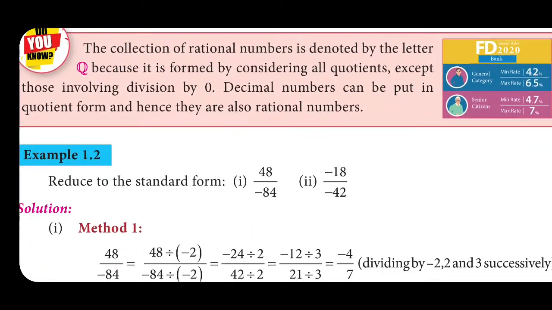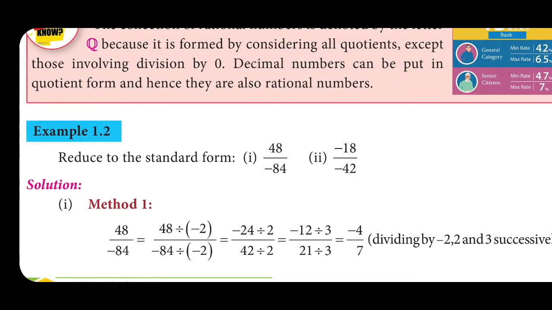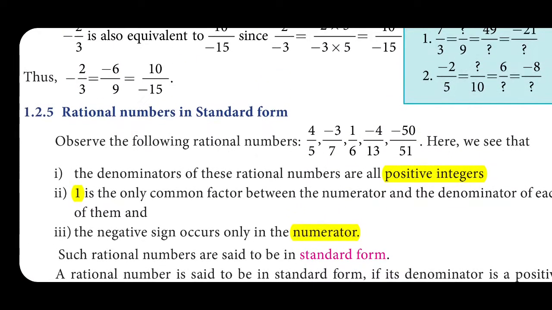Next, example 1.2. I hope you understand the definitions. Okay, reduce to the standard form. Standard form means the denominator of the rational number must be positive. Next one is the only common factor.